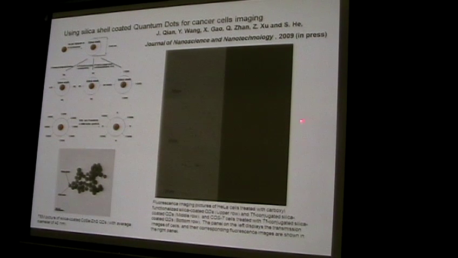The one in the middle is the cancer cell, and you see very good overexpressed imaging of the cancer cell.